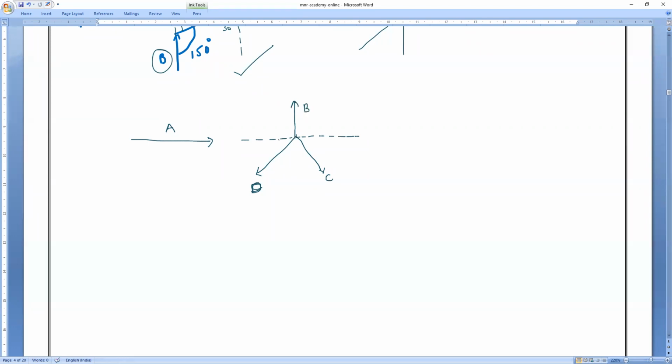Now the angle between this and this is 60 degrees, and the angle between this and this is 30 degrees. Clear, everybody? Now your duty is to find the angle between A and B, next B and C, next A and C, and next A and D. So this is our target.